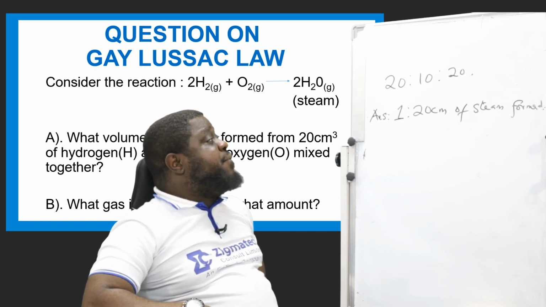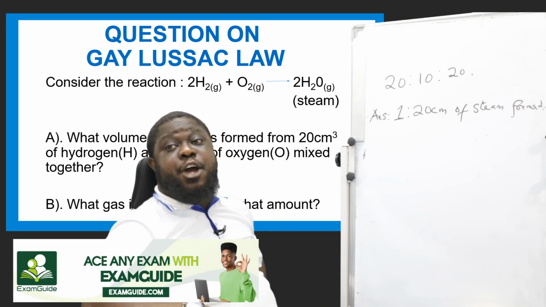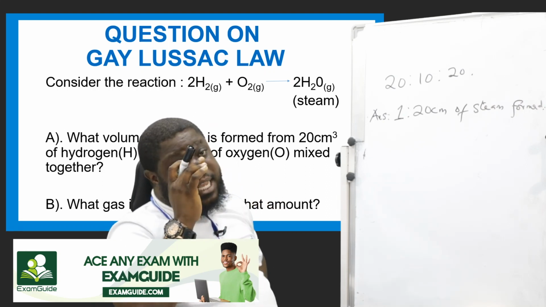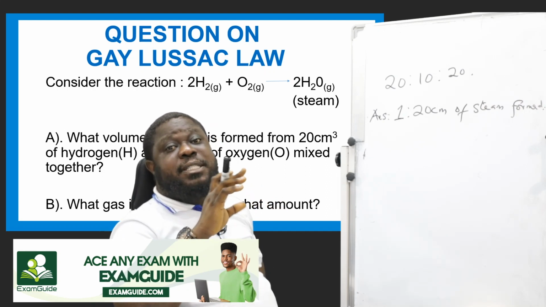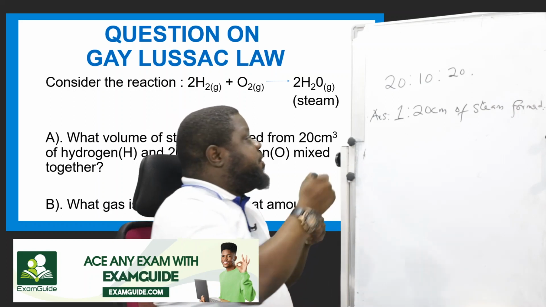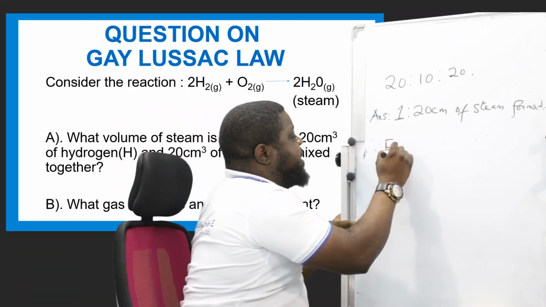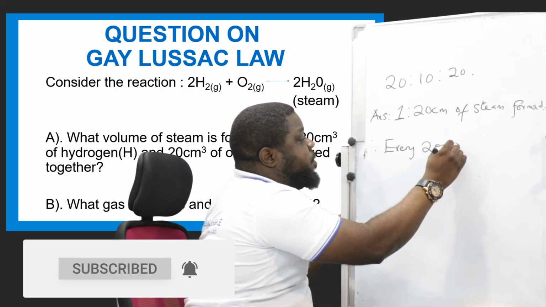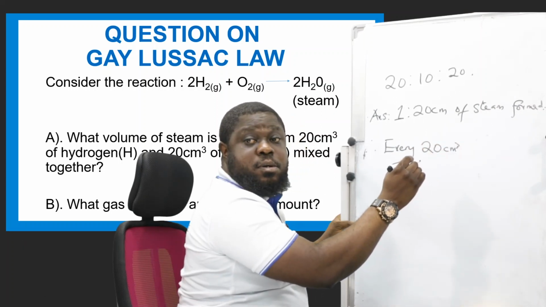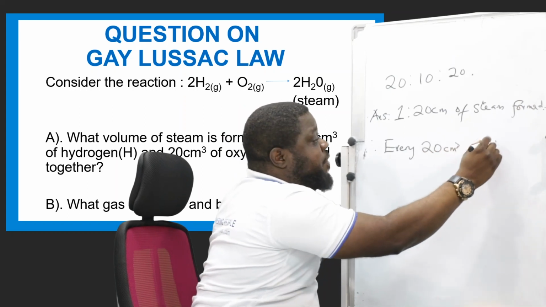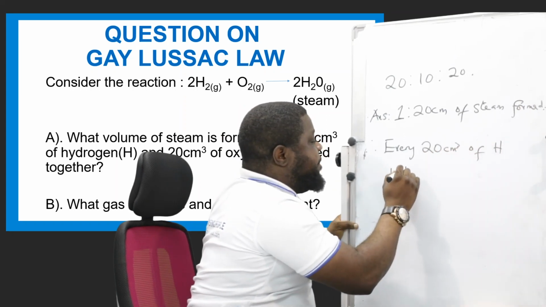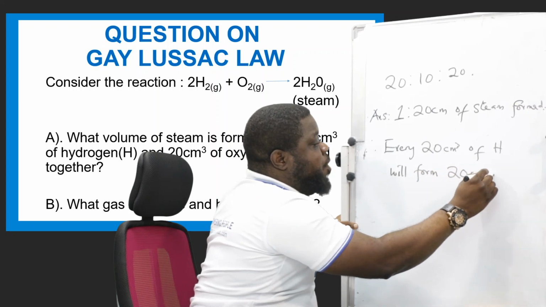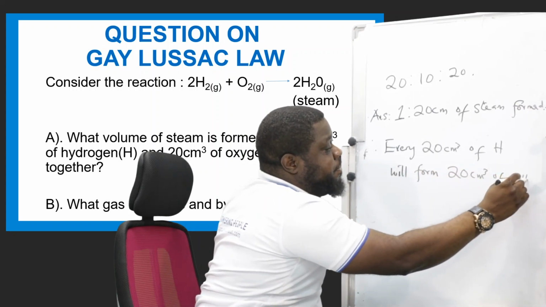That means every single 20 centimeter cube of hydrogen will form 20 centimeter cube of steam. And every single 10 centimeter cube of hydrogen will form 10 centimeter cube of steam. So in essence, every 20 centimeter cube of hydrogen, of H, will form 20 centimeter cube of steam.